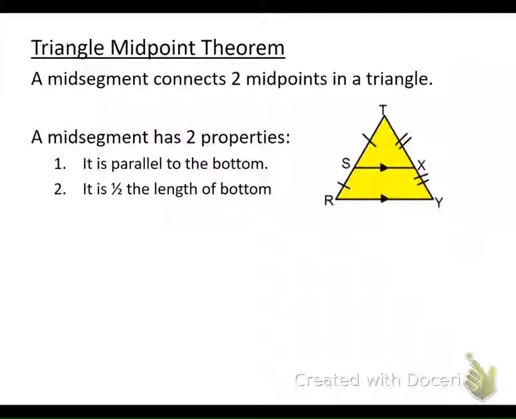All right, so the triangle midsegment theorem. A midsegment connects two points in a triangle. So a midsegment has two properties. It is parallel to the bottom, and it is half the length of the bottom. So here's what this is saying. It doesn't look this way, but this is the midpoint of RT.